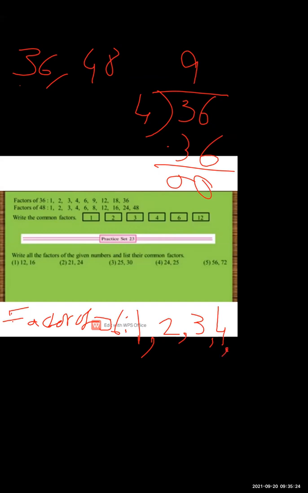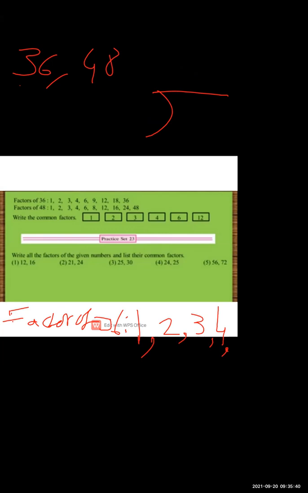Next we will take 5. Is 36 going in the 5 table? No, we all know.